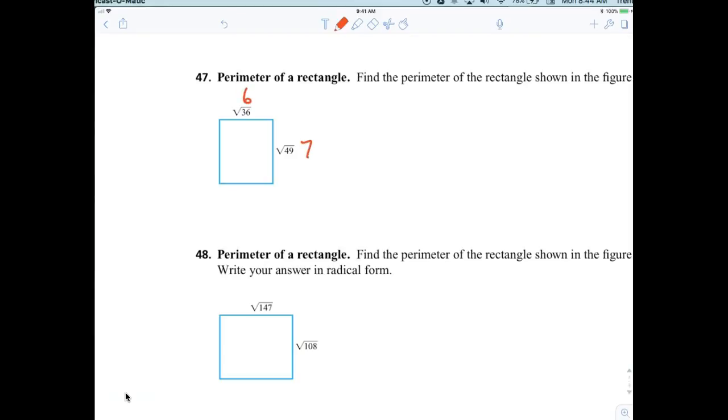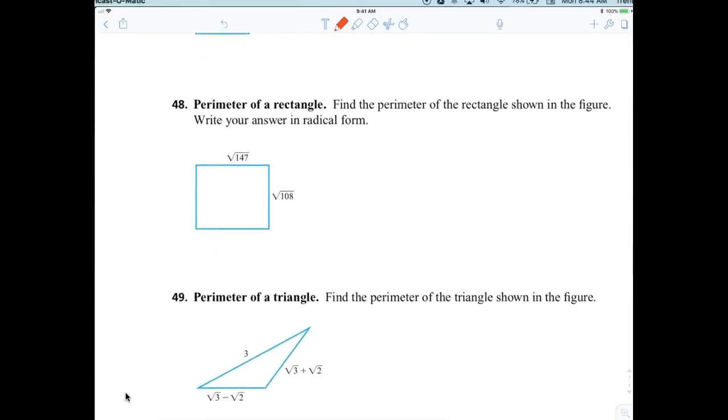So the perimeter would be 26 units, because they don't put an inch or a foot or a yard or a mile or kilometers, meters, whatever. So they're just 26 units. 12 and 14 are two sides: 6 plus 6, 7 plus 7. Perimeter, distance around.